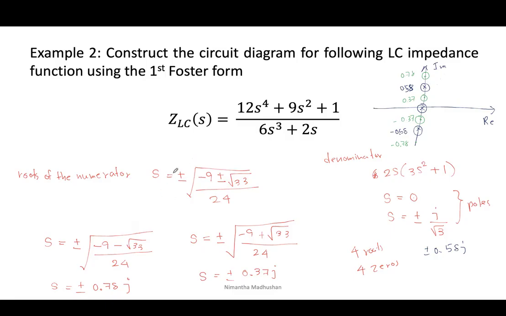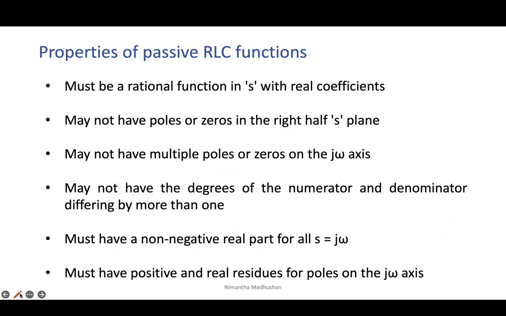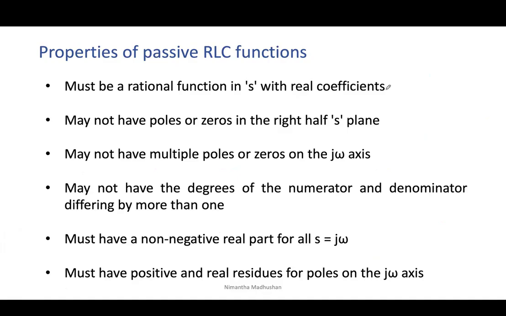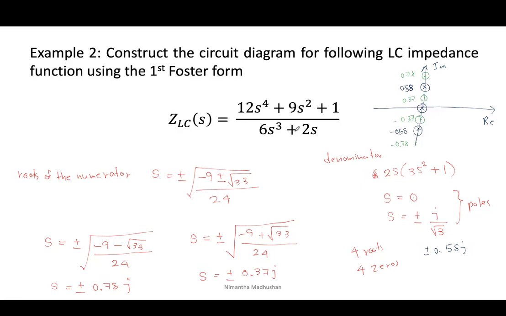Now we will move to the properties of RLC network. The first property says it must be a rational function in S with real coefficients. You can see it is a rational function of S with real coefficients. Then the first one is satisfied. The second one says it may not have poles or zeros in the right half S plane.